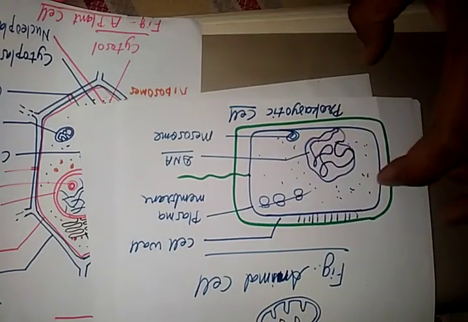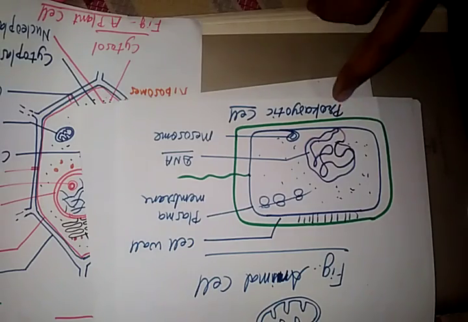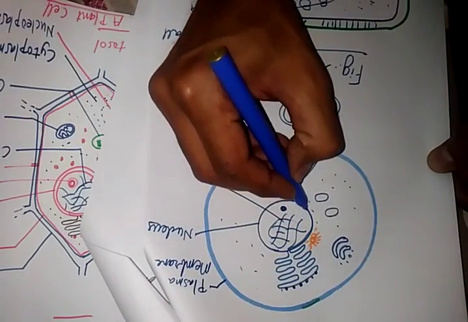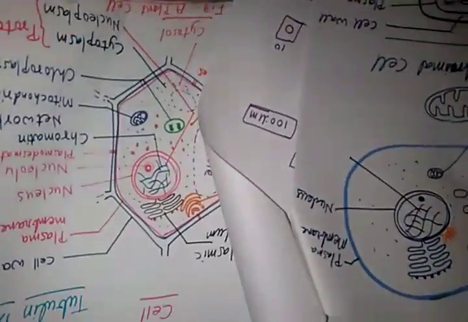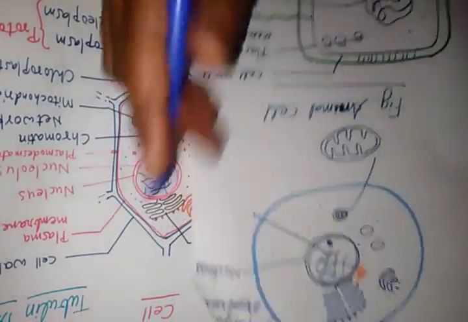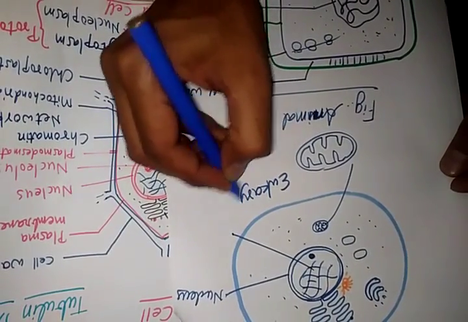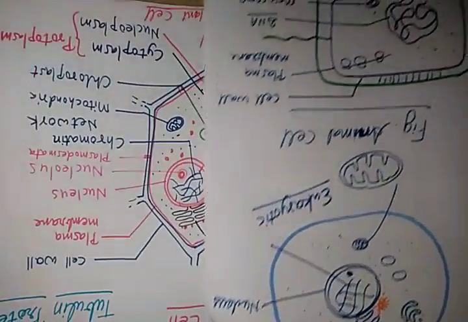So bacterial cell actually doesn't have a defined nucleus, so it is called prokaryotic, while animal cell has a nucleus, it is actually double, and plant cell also has a nucleus. So plant cell and animal cells are actually eukaryotic cells.